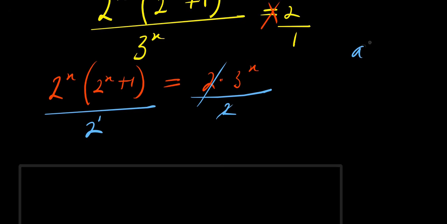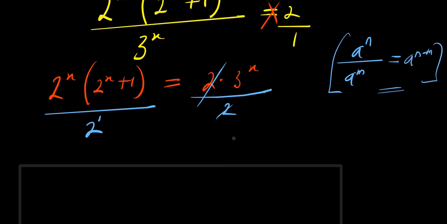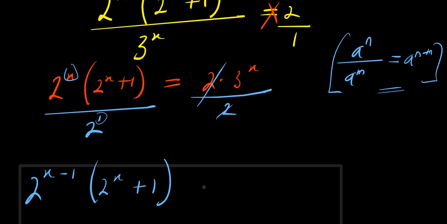Remember, if you have a power n divided by a power n equals a power n minus n. So applying this identity here, I'm going to subtract this exponent. I will have 2 power x minus 1 times 2 power x plus 1, and this equals 3 power x, what we have left here.